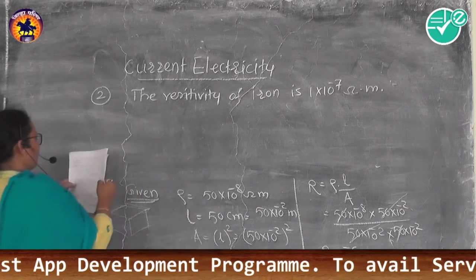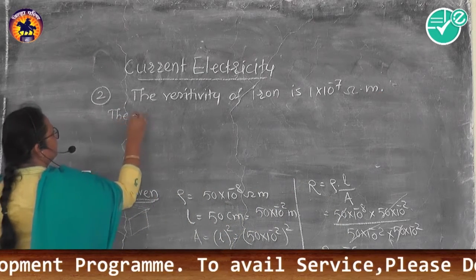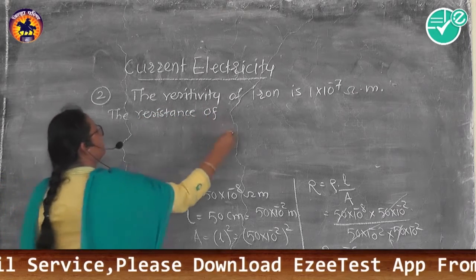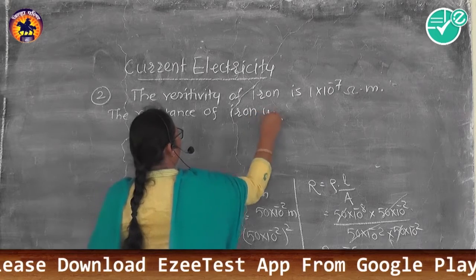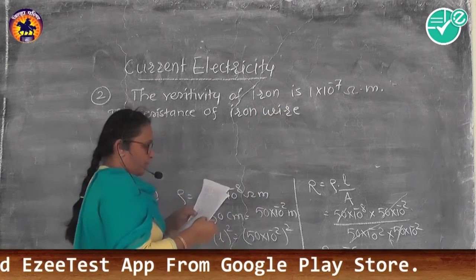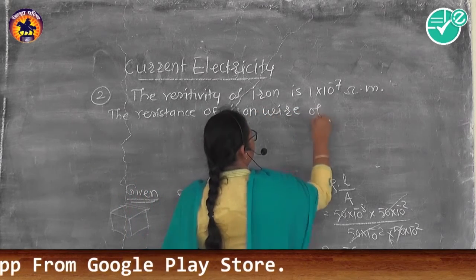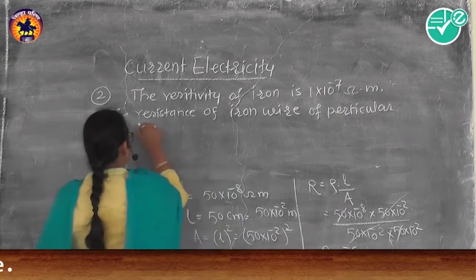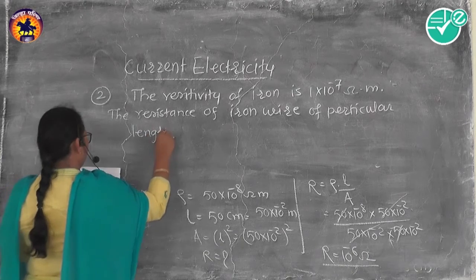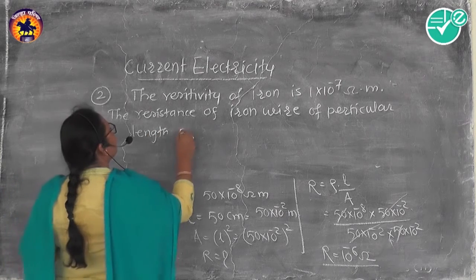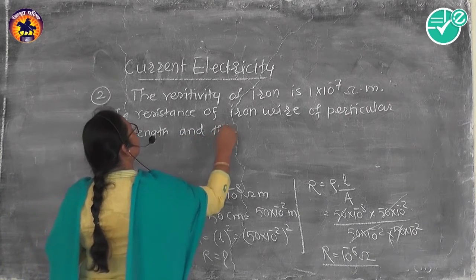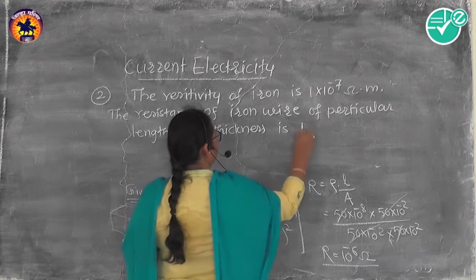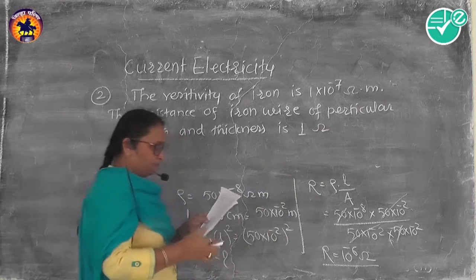The resistance of iron wire of particular length and thickness is 1 ohm.